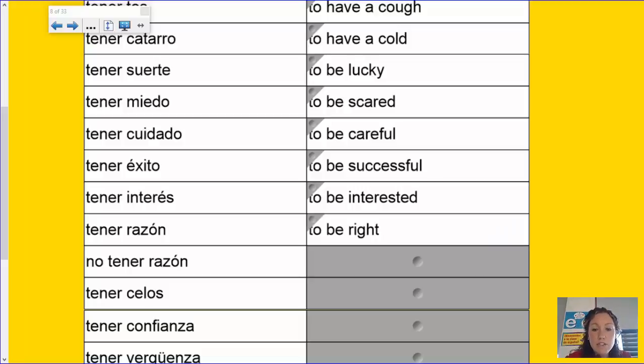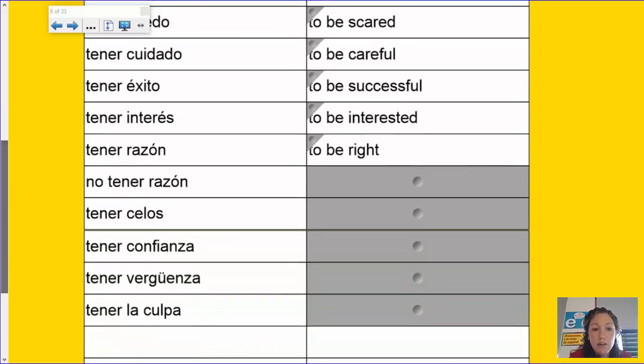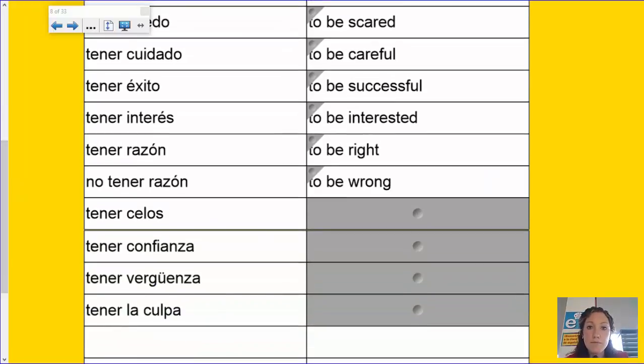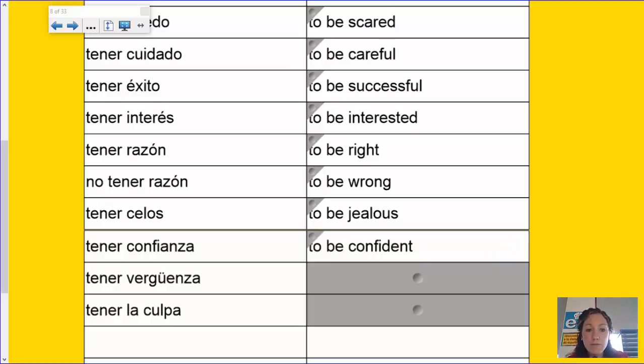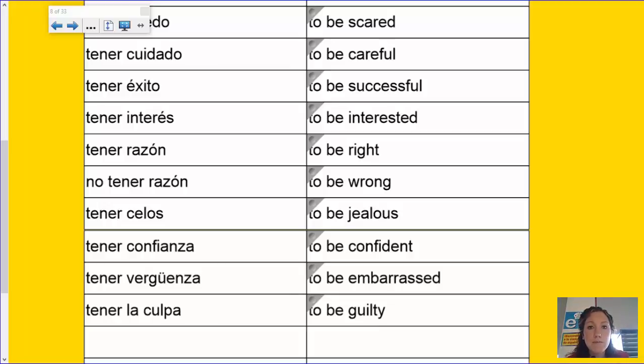Tener razón is to be right. So no tener razón is to be wrong. Tener celos is to be jealous. Tener confianza is to be confident. Y dos más, two more. Tener vergüenza, to be embarrassed or to be ashamed. And tener la culpa is to be guilty.